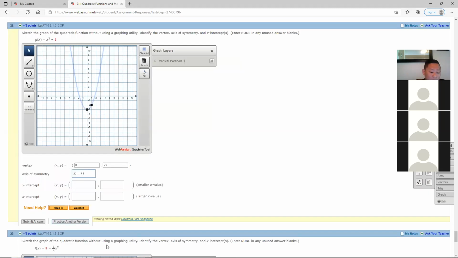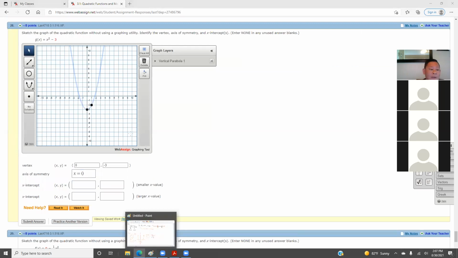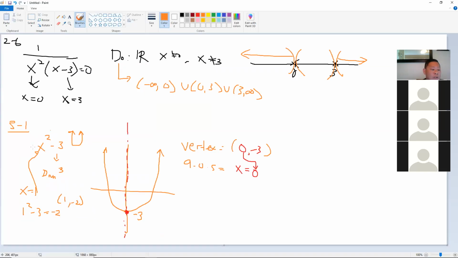X-intercept. So how do you find your x-intercept? You set this equation equal to 0. So you set x squared minus 3 equals 0, and you solve for x. So I move the 3 over. So you get x squared equals 3, and then you take the square root of it.